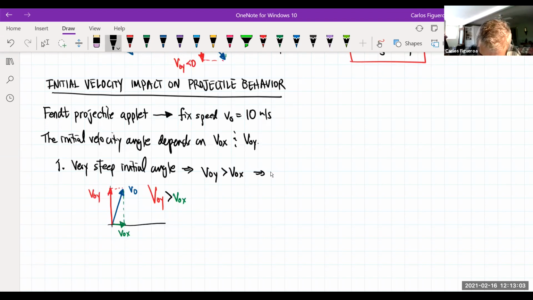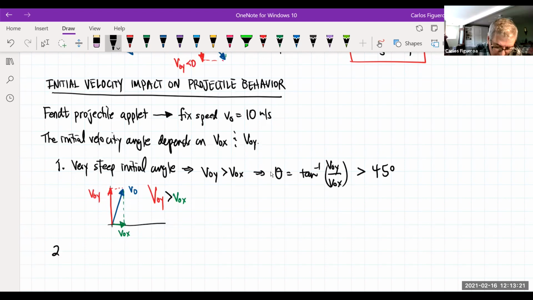And if that's the case, then if I calculate the angle of this guy, it has to be greater than 45 degrees. So it's past the midpoint.